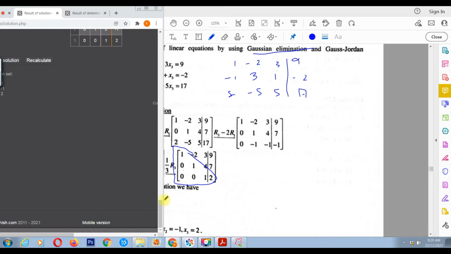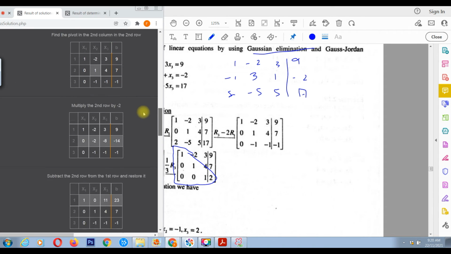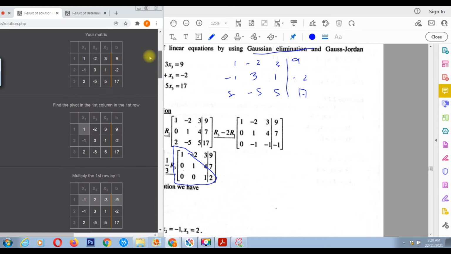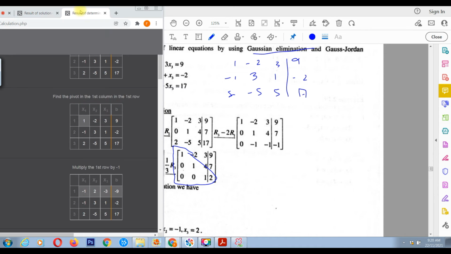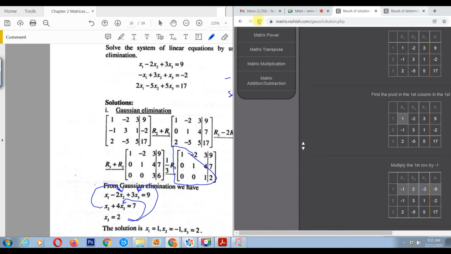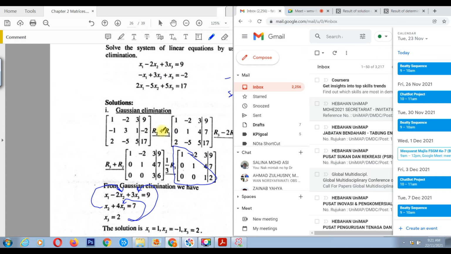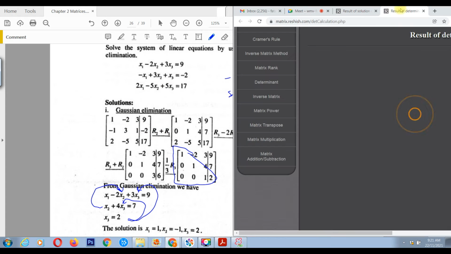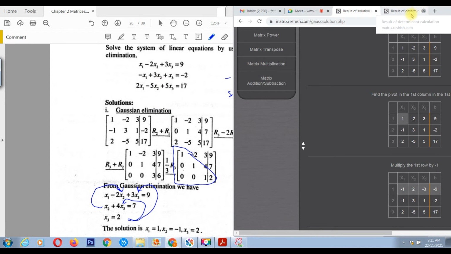Show solution. So you will have this, and then you create from this answer, from the online calculator, this flow. What should you do? So the original already 1, so no need to put anything.